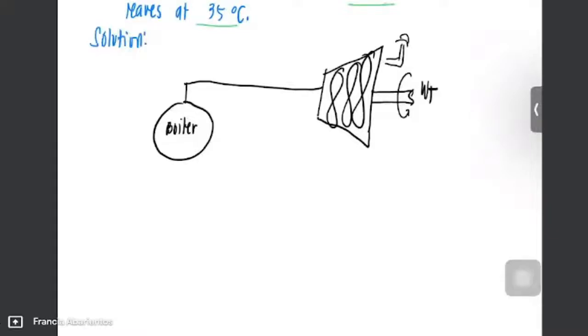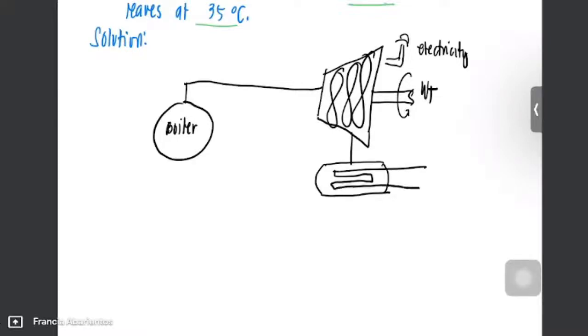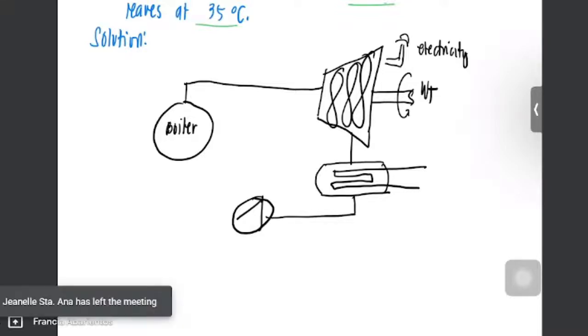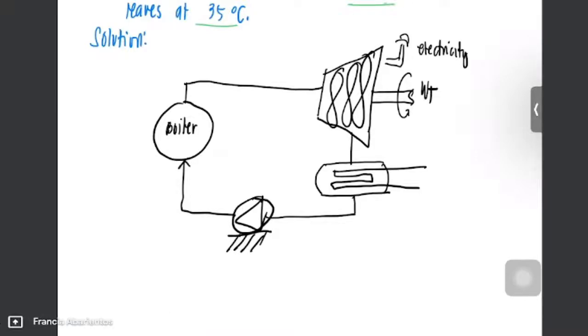And meron tayo electricity dito generated. Point 1 to point 2, we have now the liit ng condenser. Yan. Condenser. After that, we have the pump. Practice more class para matrain kayo. Okay?